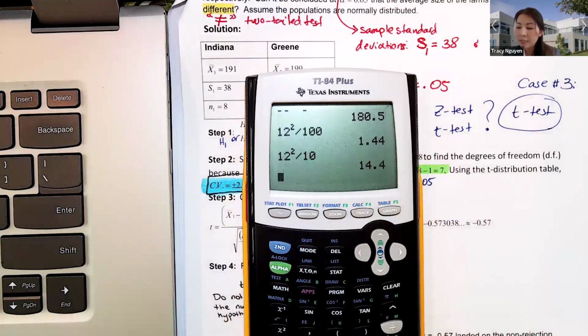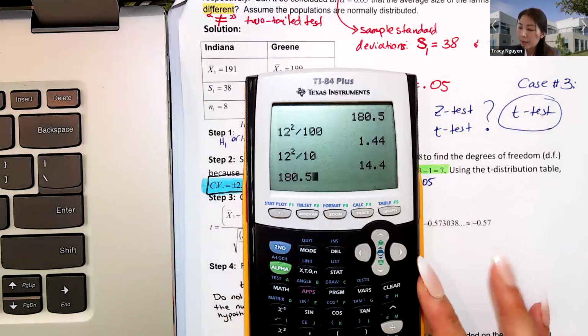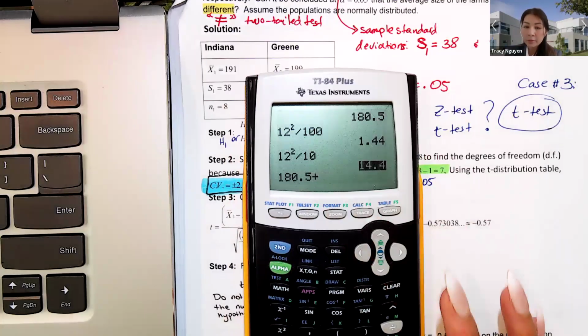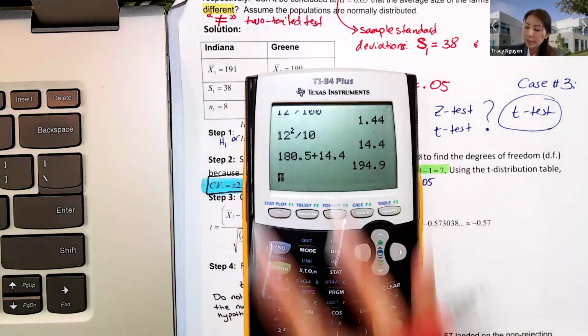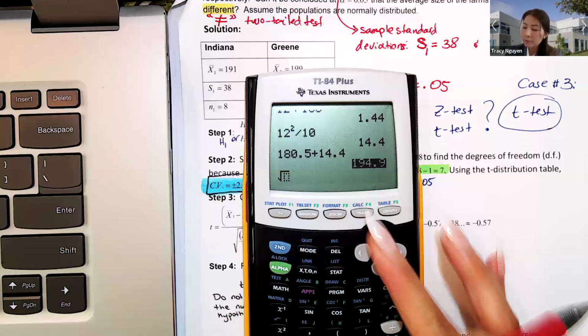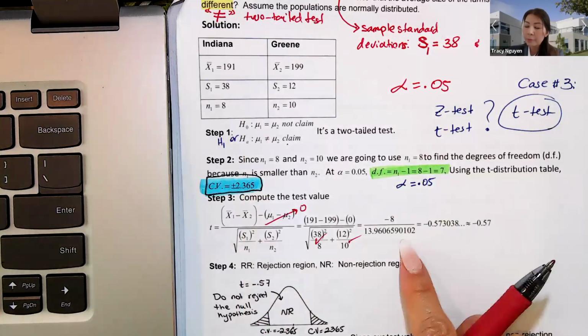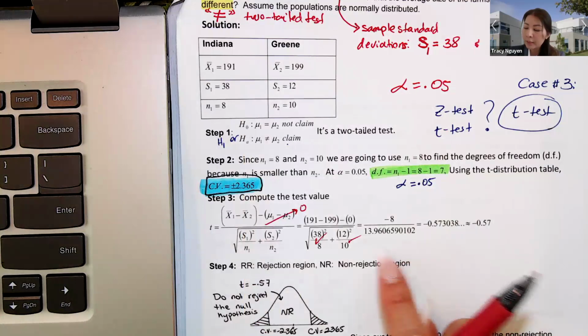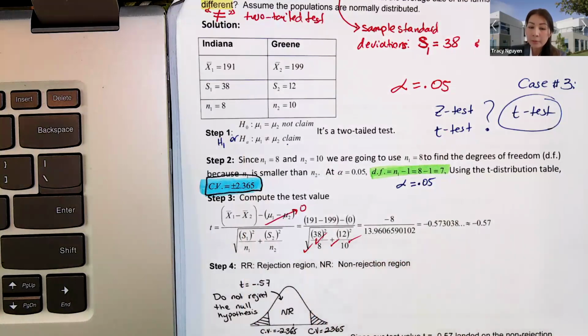Okay, we have 14.44. So we take the first result of 180.5, add it with the second result of 14.44, and press enter. Now we take the square root of the result here. This gives us 13.960 and so on. This is what we have for the denominator. Please do not do any immediate rounding. Keep all the decimal places. So I'm done with everything in the denominator.